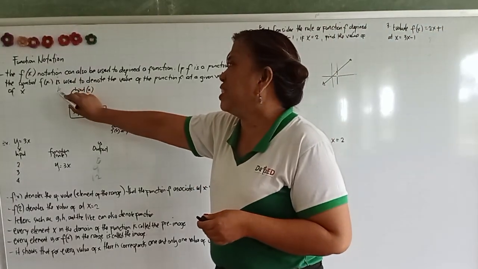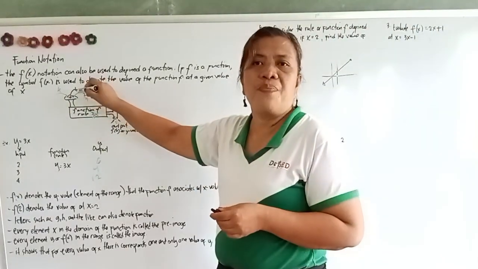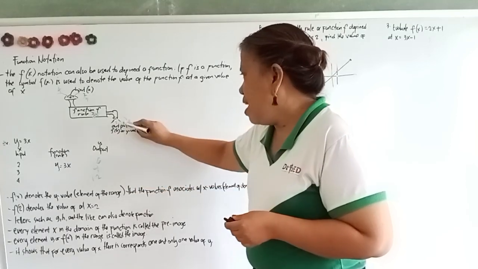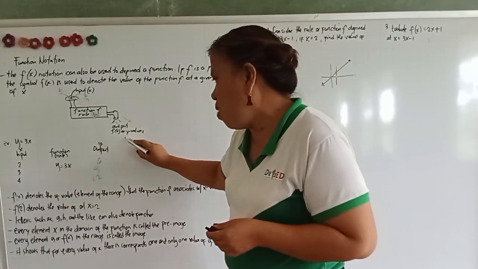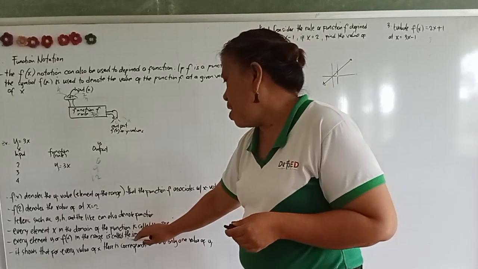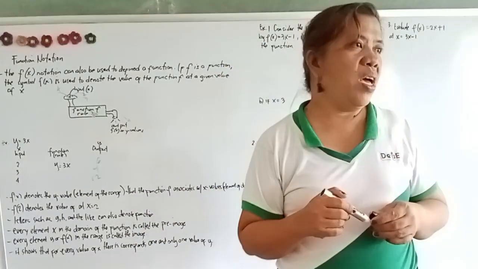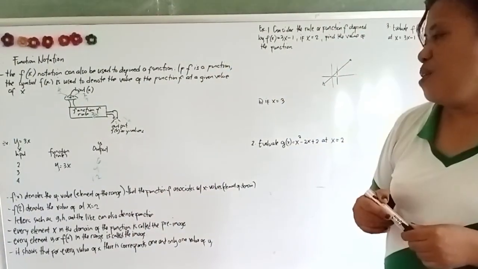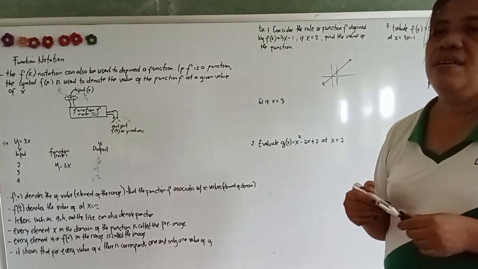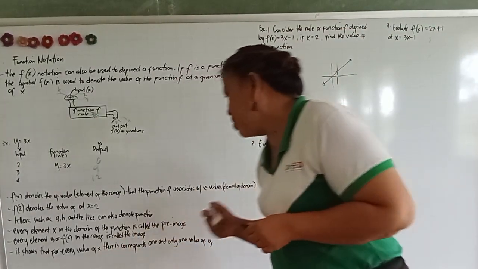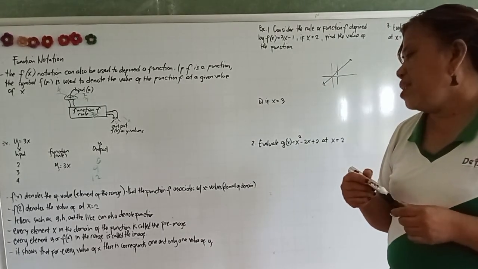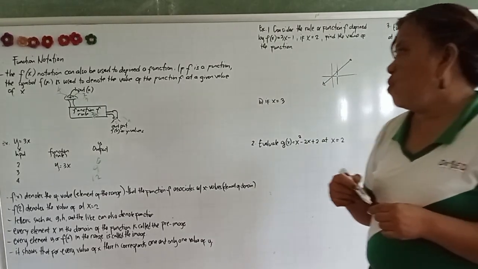Okay. So those ingredients are what we call the pre-image. But the image, on the other hand, every element of y or f of x, is what we call the image. Okay, so it shows that for every value of x, there corresponds one and only one value of y.